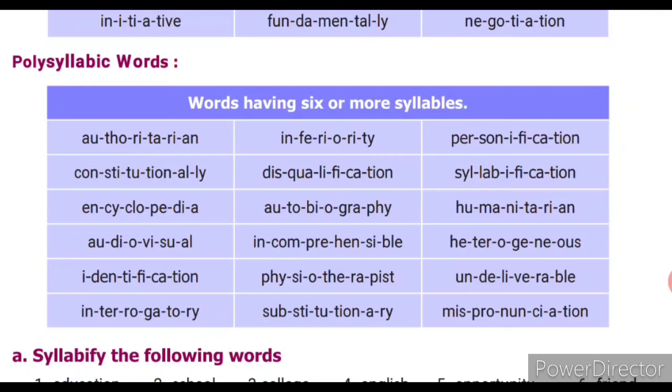Hetero, actually heterogeneous. Identification. Physiotherapist. Undeliverable. Interrogatory. Substitutionary. The a sound separately, re. Mispronunciation.